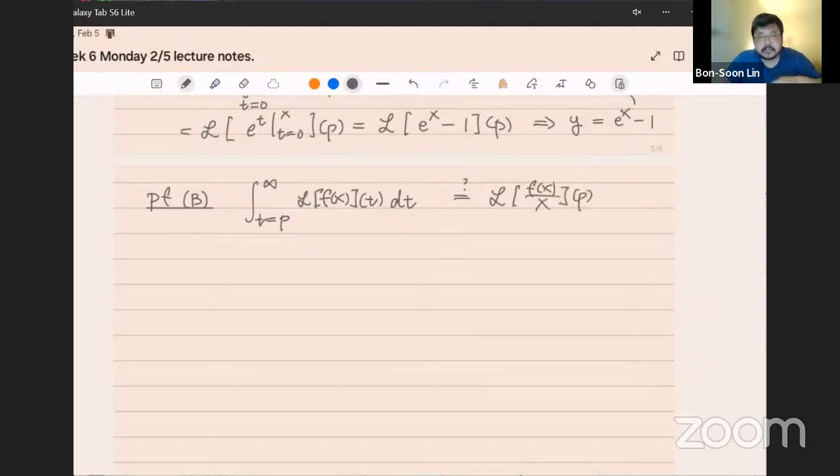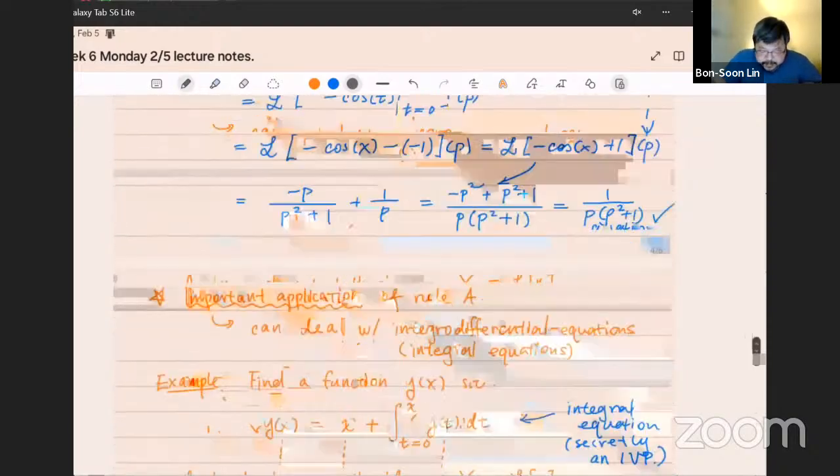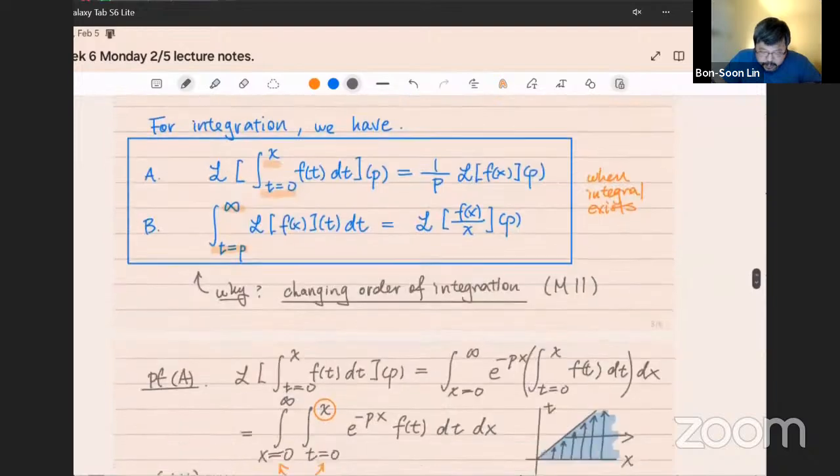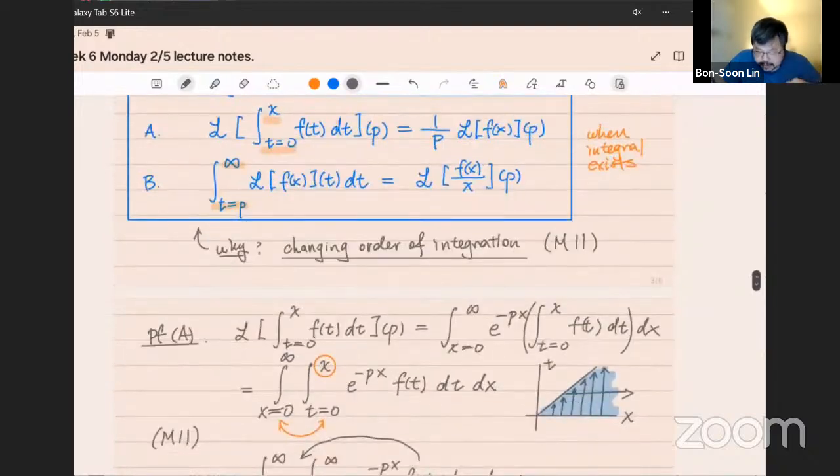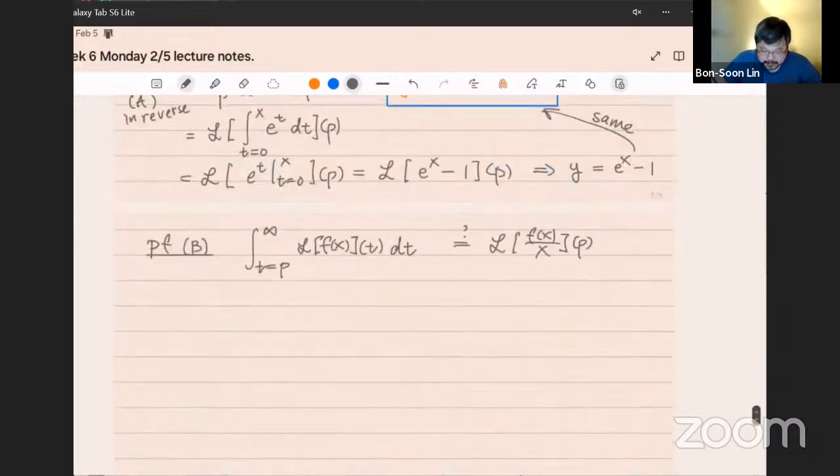Okay. So in the first proof, the trick was to change the order of integration. The second proof is also changing the order of integration because, again, this is a double integral. So we're going to do just that.